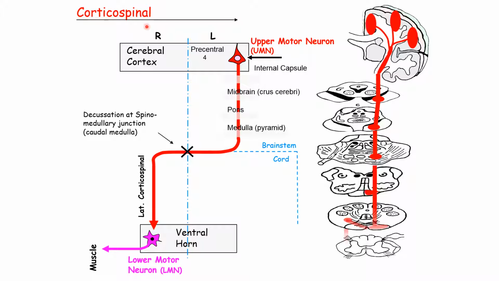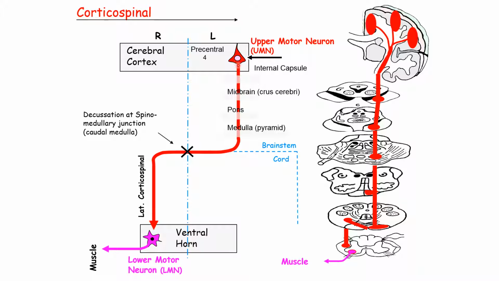We see here the entire course of this corticospinal tract, starting in cerebral cortex, if it starts out on the left, in the precentral gyrus, the upper motor neuron cell body, in Brodmann area 4.